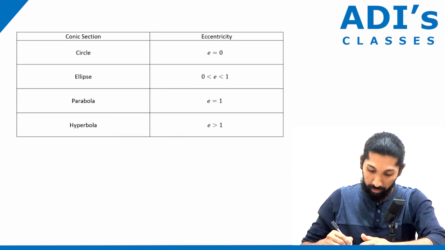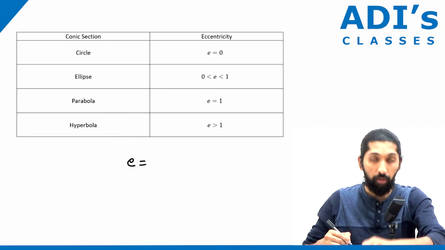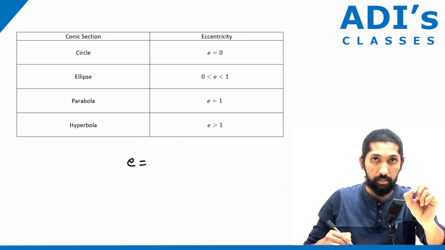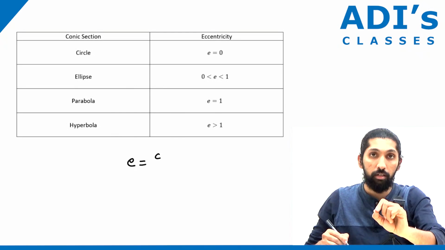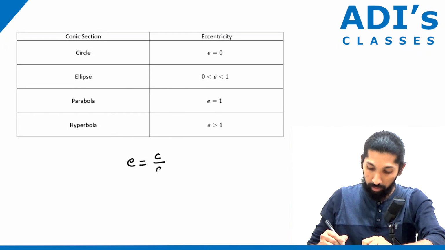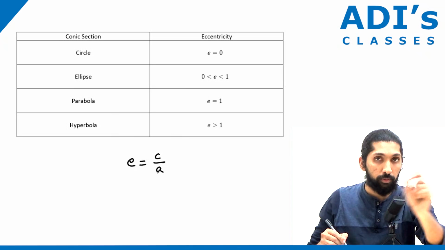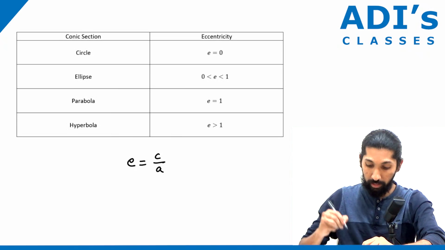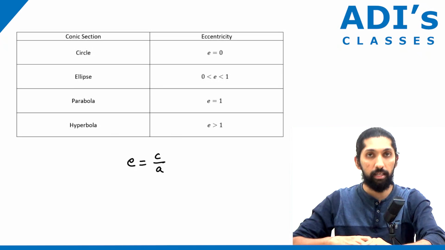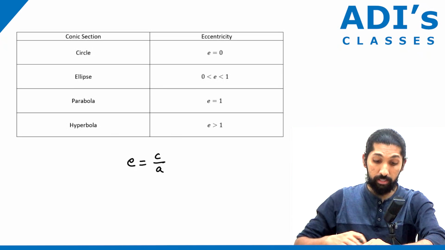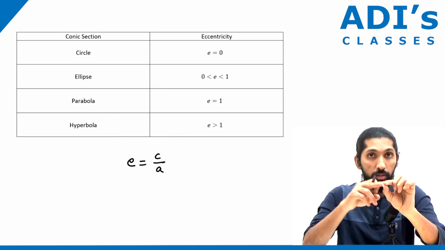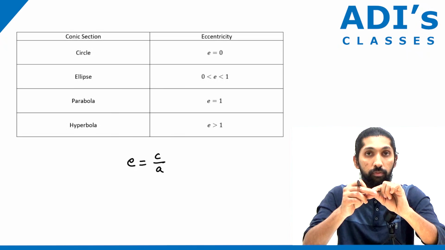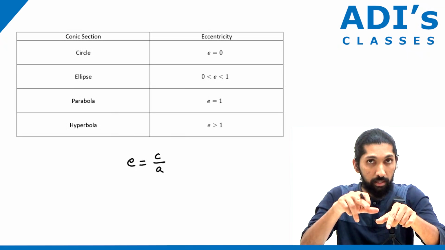It is nothing but e is equal to the ratio of the distance of the focus from the center to the distance of the vertex from the center. This ratio is what we call eccentricity. So for a circle, eccentricity is 0 because the focus and the center coincide for a circle. That's why c is 0.